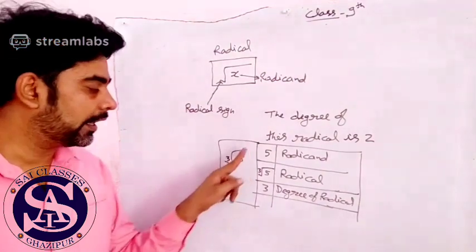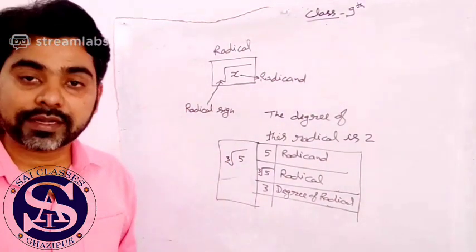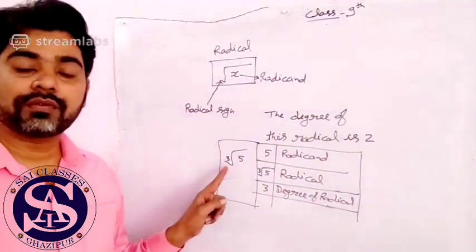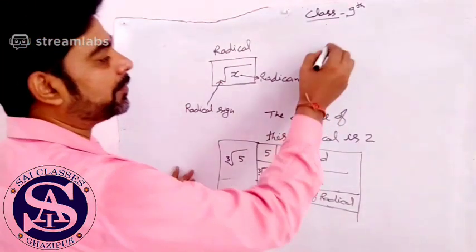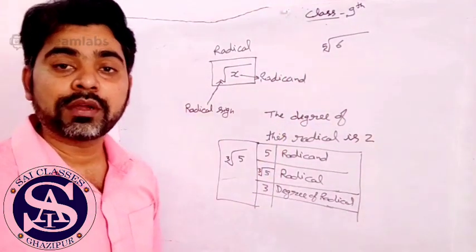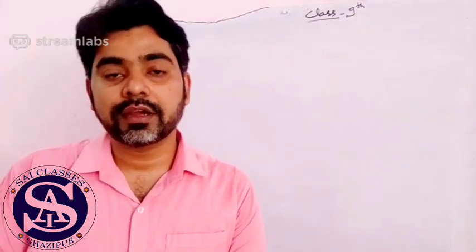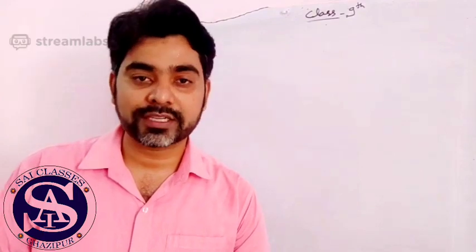The radical sign, the whole term is called the radical, and the degree of this radical is 3. The radicand of this radical is 5. Can we represent a radical in the form of an exponent?